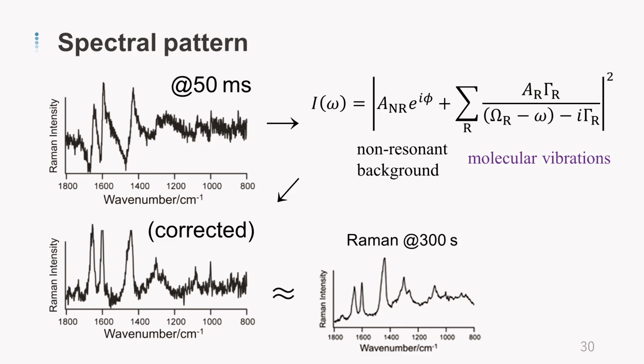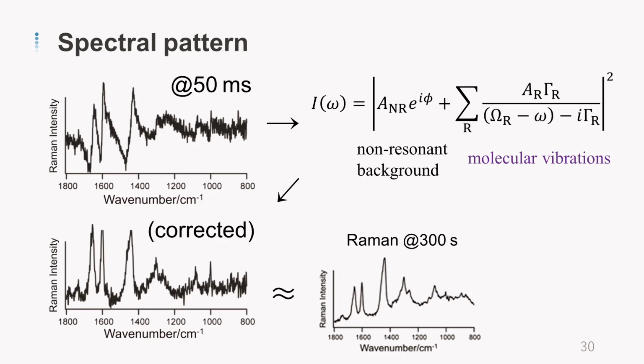Background component interferes with the beat of the CARS signal and makes the spectral pattern quite complicated. So there is an established method to correct this contribution of the background component. After correction, baseline becomes 0 and all peaks become positive. And this spectral pattern is almost the same as the non-resonant Raman spectrum.